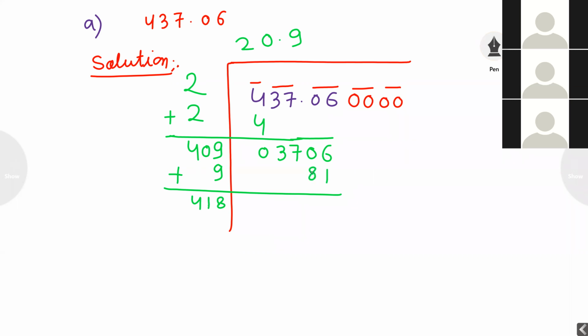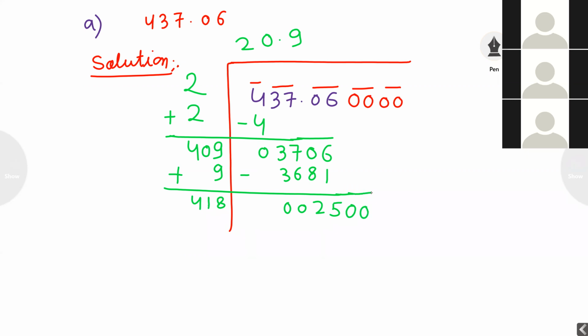Next 9 4s are 36. Again I want to subtract here. 5. Next 10 minus 8, 2, 0, 0. Again 0 6 is completed. Again I want to bring down 0 0.